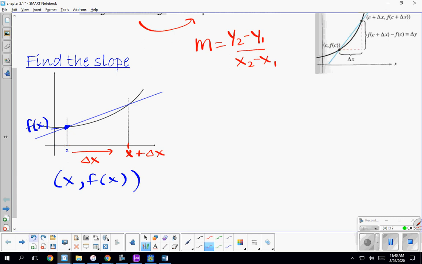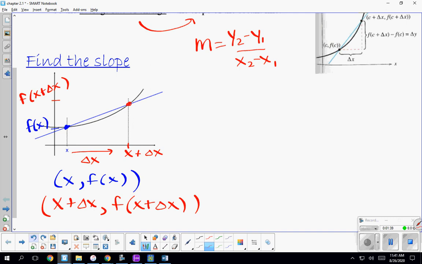If we plug that into our function, our y value for this ordered pair would be called f of x plus delta x, so that we then have a second ordered pair. And so these are two ordered pairs that are both on the function.